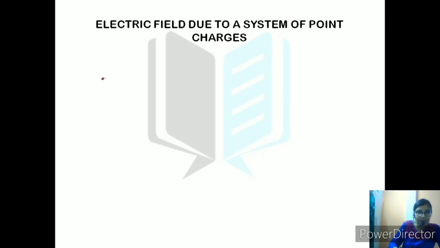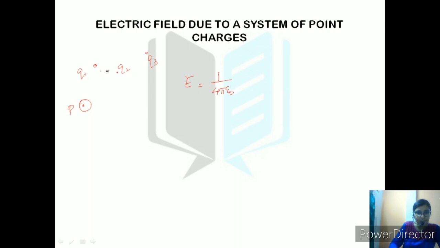Now here see, in the previous case we had considered only one point charge, right? Q. Now we'll consider many point charges. Suppose Q1, Q2, Q3 and so on. As before, suppose this is the point P, we want to find out the electric field intensity at this point P. So electric field intensity at this point P will be what? 1 by 4 pi epsilon naught.